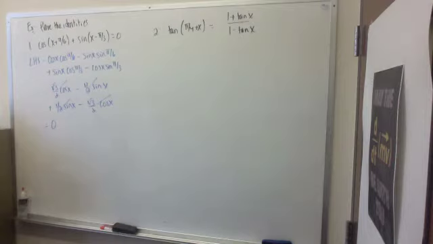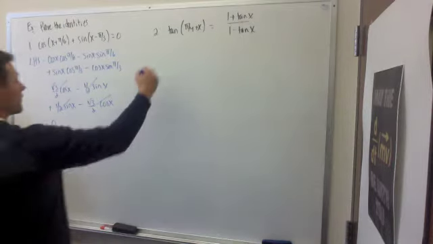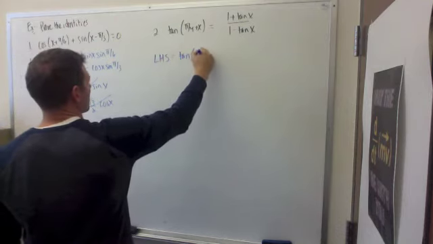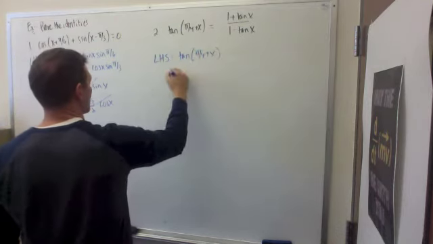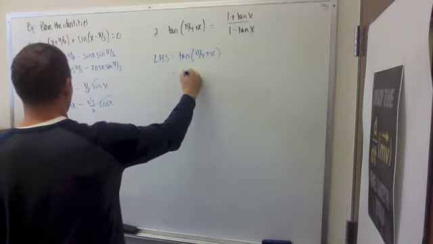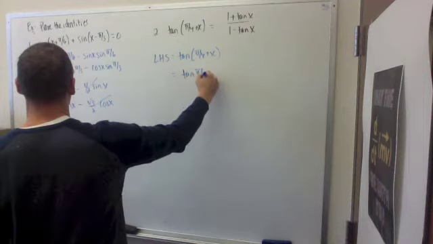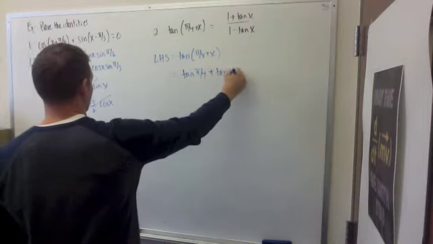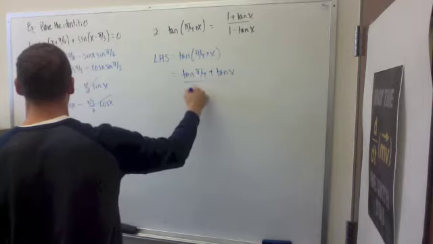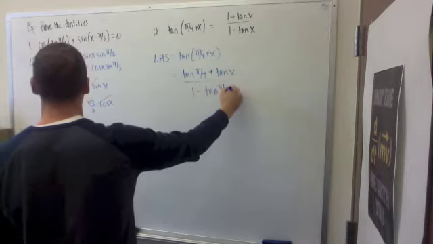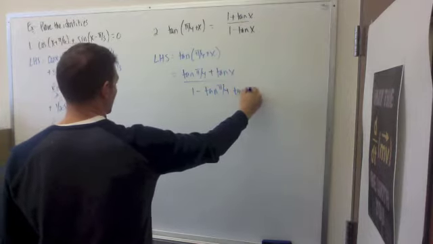So let's start here. We're going to start with the left-hand side. So if I start with the left-hand side, it's equal to tangent pi over 4 plus x, using my tangent formula, which says if I have this, that's equal to tangent pi over 4 plus tangent x divided by 1 minus tangent pi over 4 times tangent x.